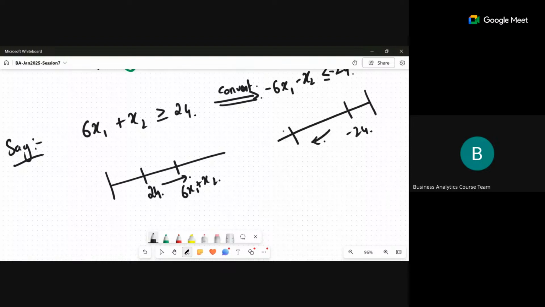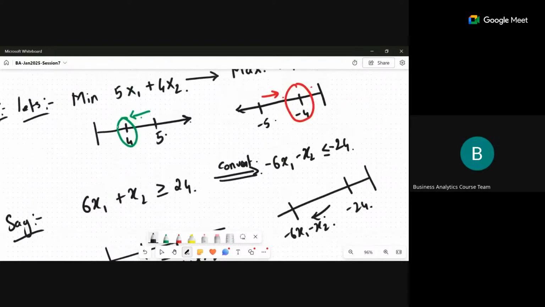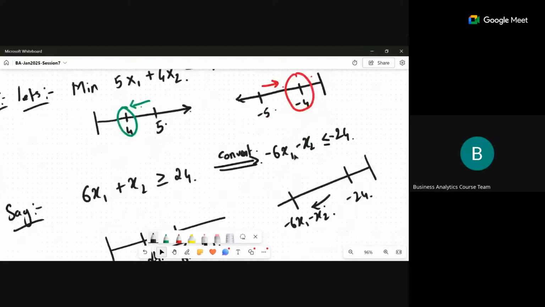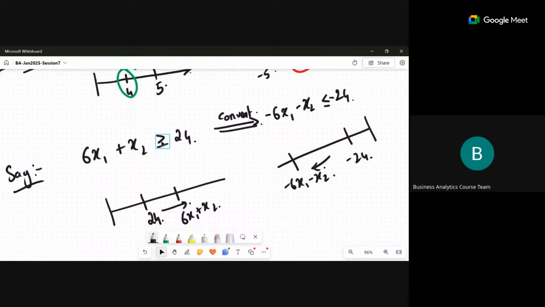You want to move away from it by adding minus 6x1 minus x2, right? So the same logic of this scale also works here. Instead of the greater than or equal to, it now becomes a less than or equal to by putting minus, by multiplying the entire equation with minus.